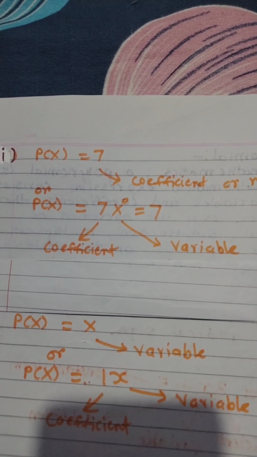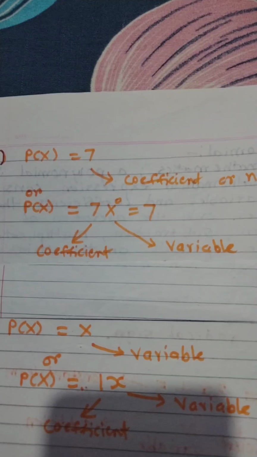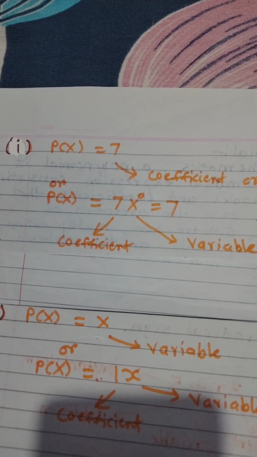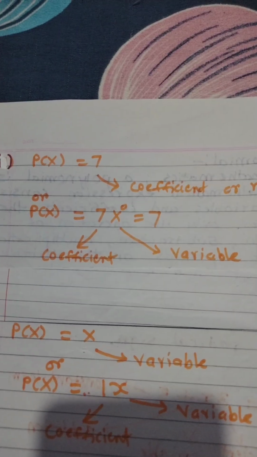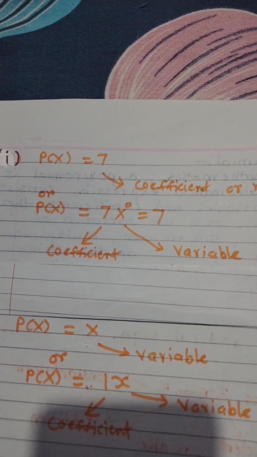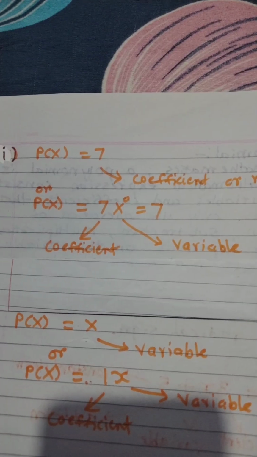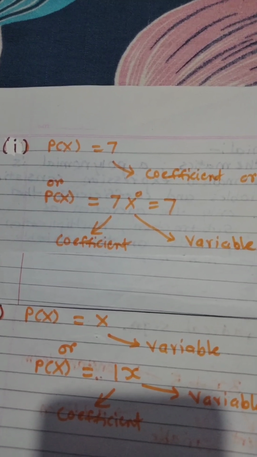Here there is no division by a variable in this expression. It also satisfies the condition that it does not involve a variable under a radical sign. Here the variable is x. It is not under a radical sign. So it satisfies all the conditions for a mathematical expression to be a polynomial. Therefore, p of x equal to 7 is a polynomial.